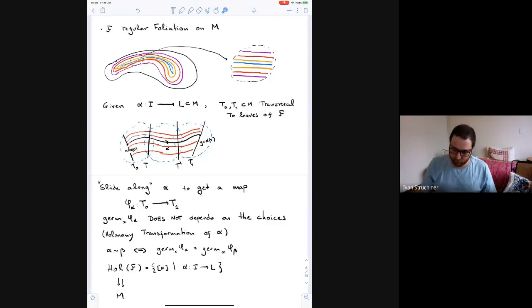And so this germ is called the holonomy transformation associated to alpha. We'll say that two paths have the same holonomy if the germs of the holonomy transformations are the same.